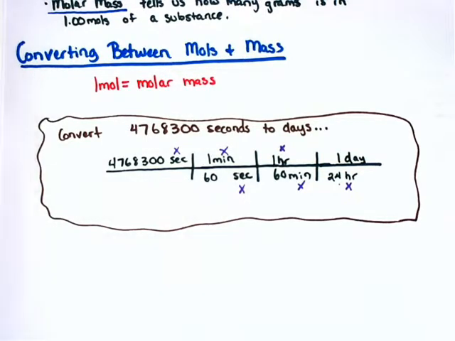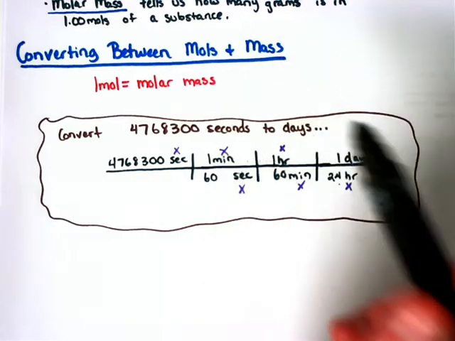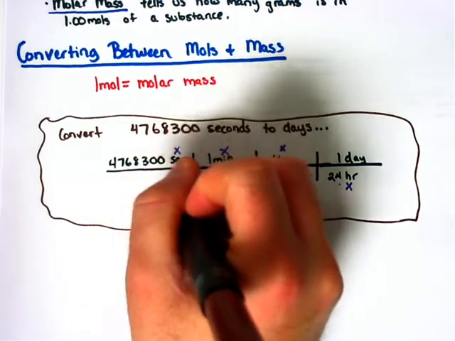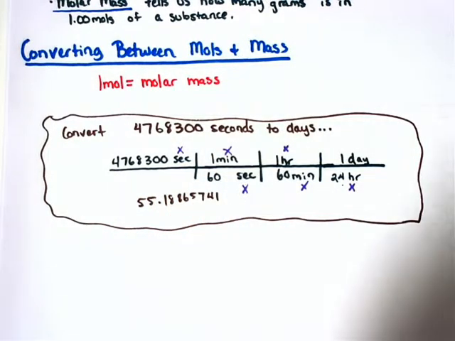4,768,300 times 1 times 1 times 1. I got something like 55.18 something. And I'll tell you what, let's go ahead and write down just the entire answer, 55.1886741. It's a long number, but that's what my calculator says.